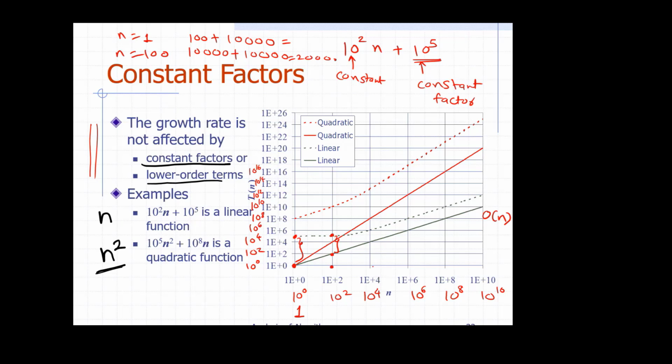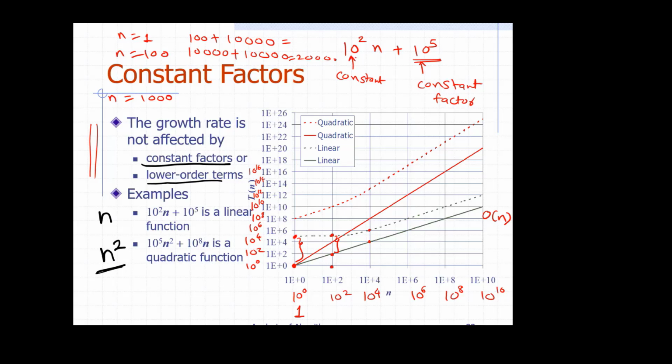What happens when it becomes 10 raised to 4? So n becomes 1000, then you will see that the difference between these two lines becomes less and less. Because now since n has become 1000, it will be something in terms of thousands for my n.